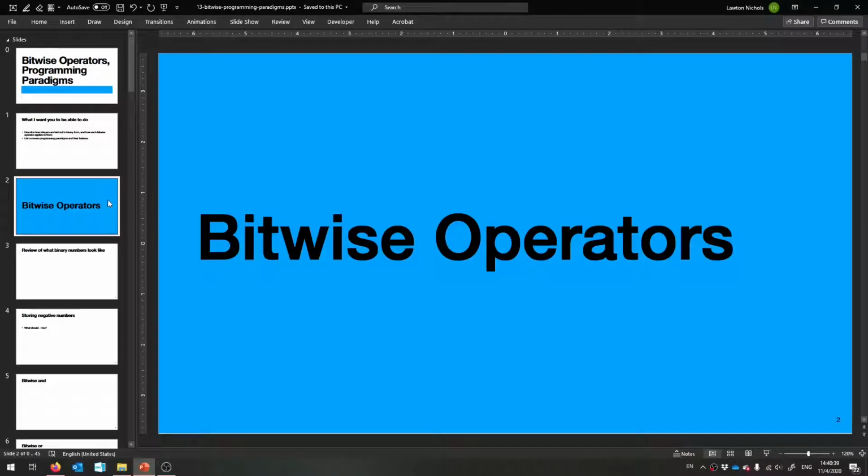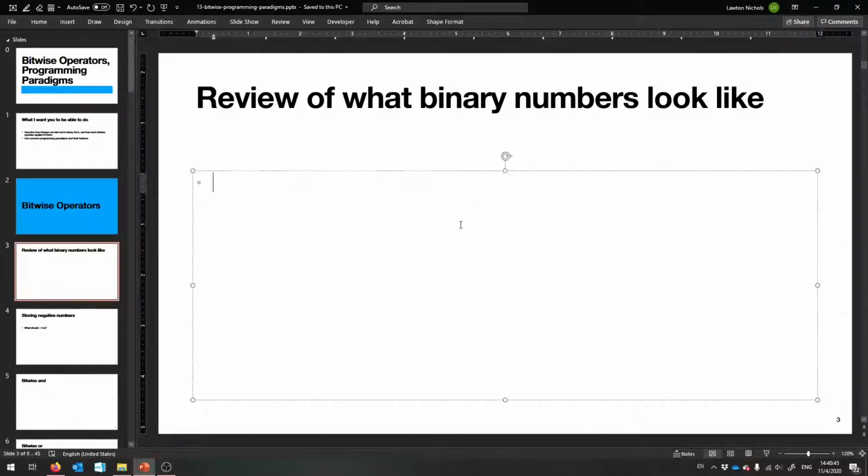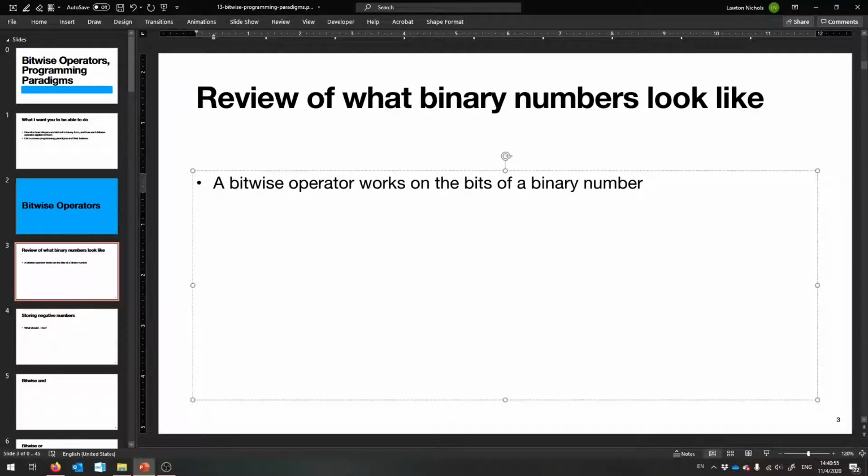So bitwise operators. Bitwise means it's working on binary numbers, on the bits of a binary number. So it would be nice to remember what a binary number looks like, right? We've talked about ones and zeros.